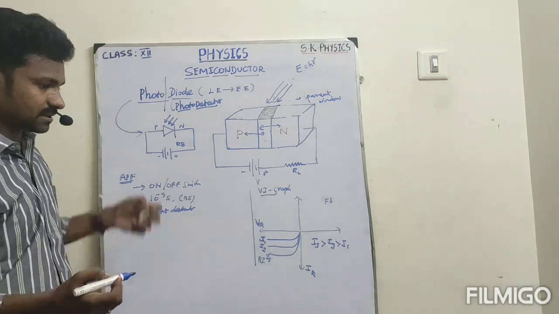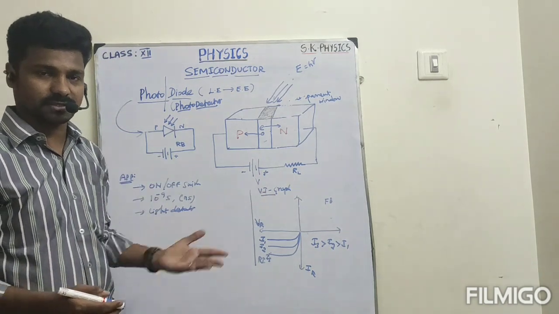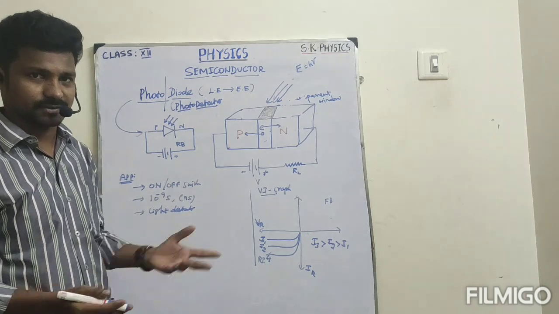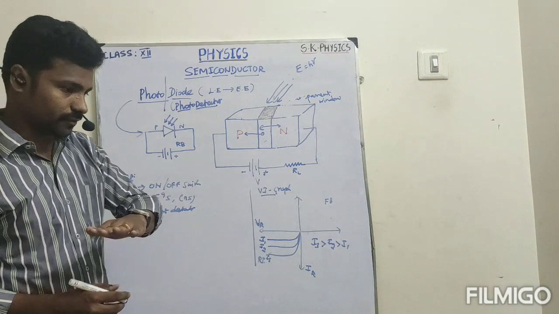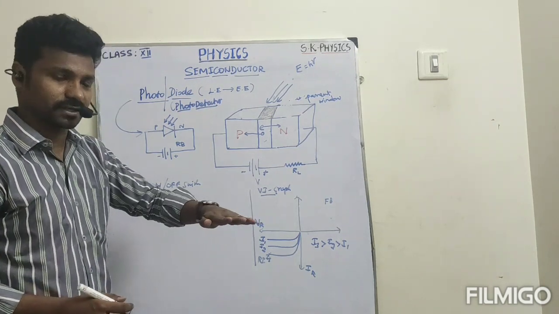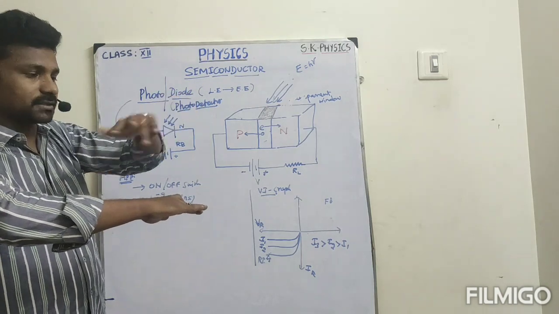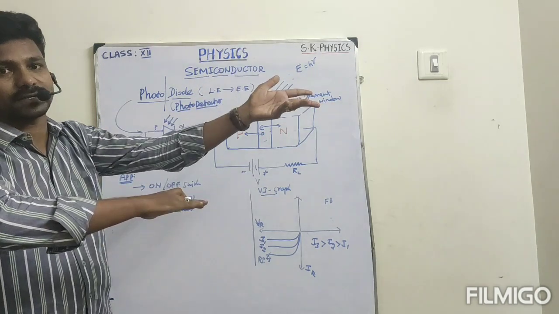For example, in science exhibitions they show clapping lights and similar projects. Just remember, they are using a photo detector. Suppose light is falling on the detector. If you hide the light, then something will be operated.